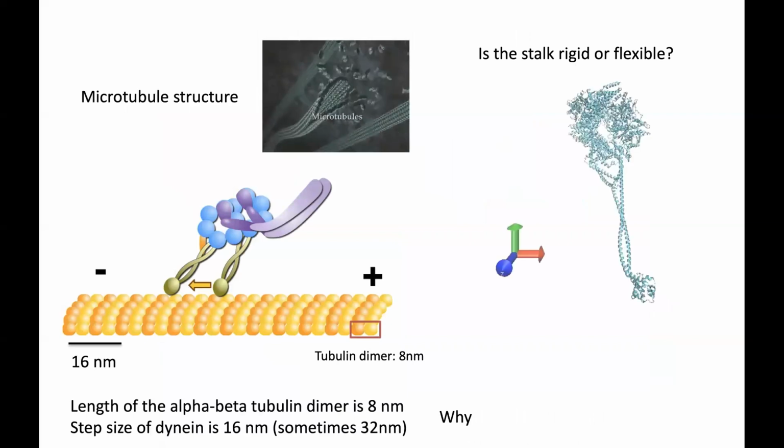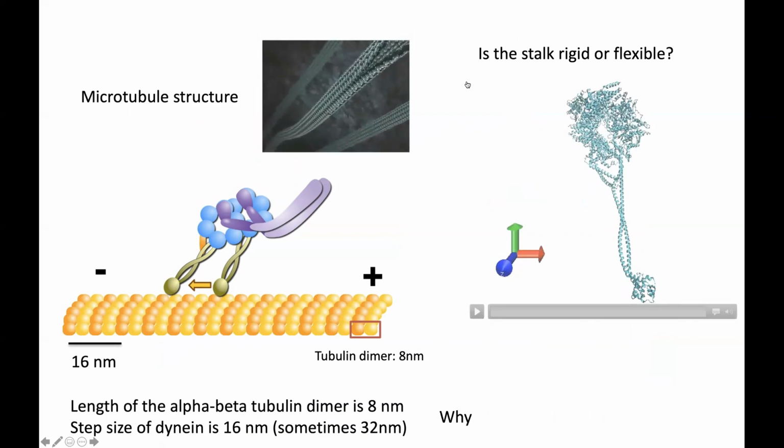Okay, so when we do research on, let's say, dynein, there are so many things we can investigate. One thing we were interested in is what's the reason for dynein working along the microtubule with a fixed step size.